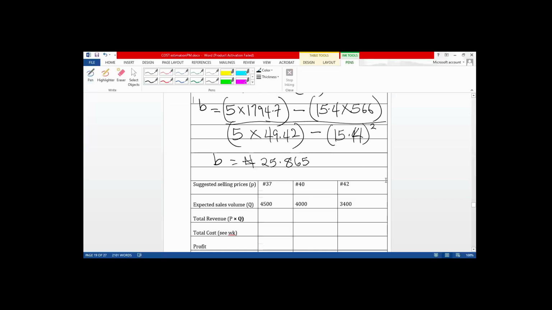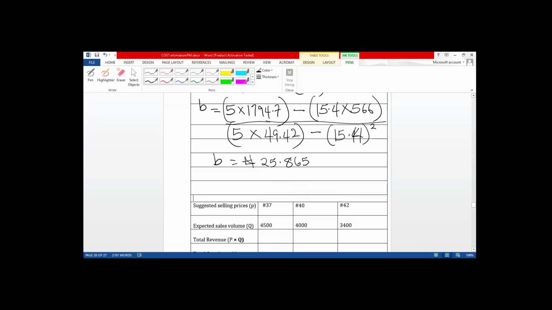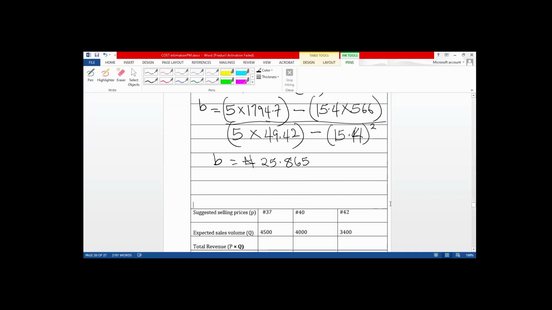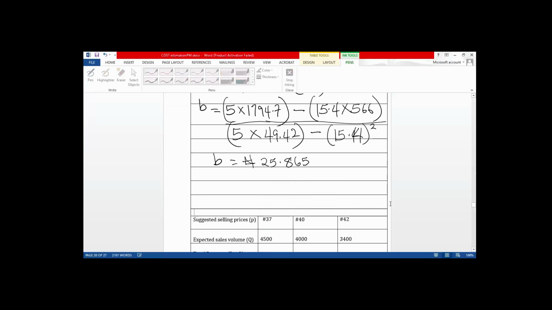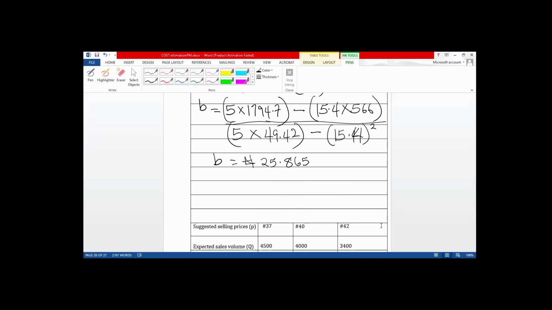When you are done with that, proceed to estimate your fixed cost. The formula is there for us. Your total fixed cost, not per unit.